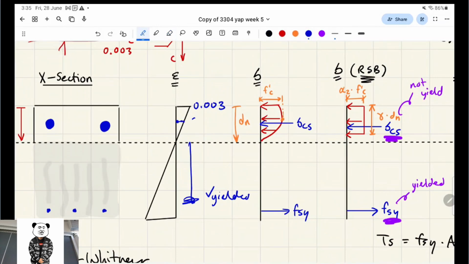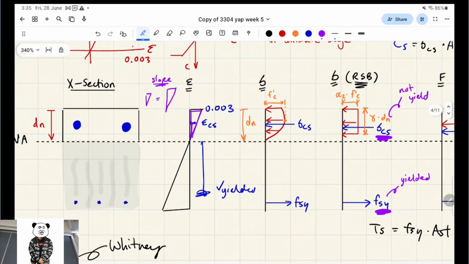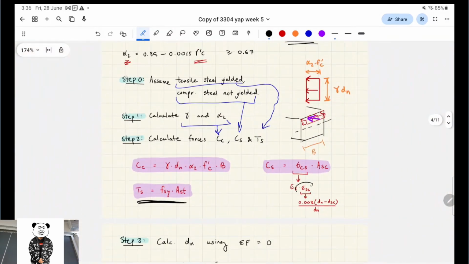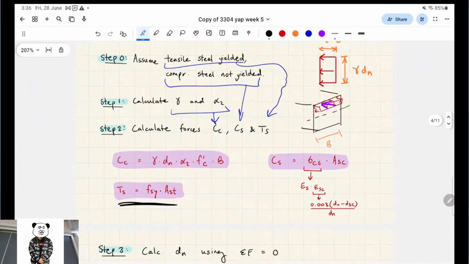So here is the strain of the compressive steel, right? And we essentially compare these two triangles. We say that the slope is the same. And so using that information and the fact that this is dn, we can derive some expression for epsilon cs, right?